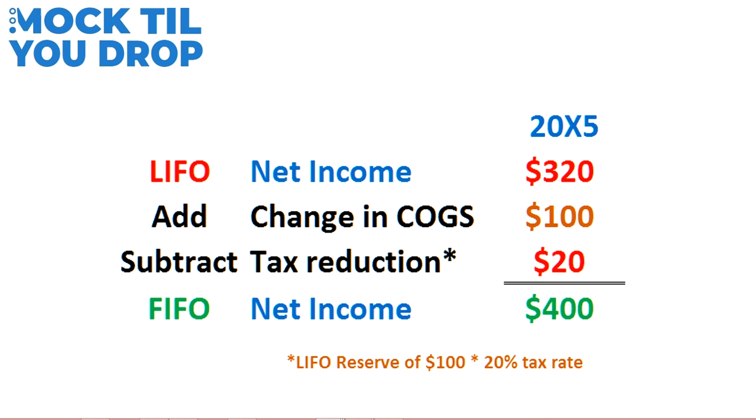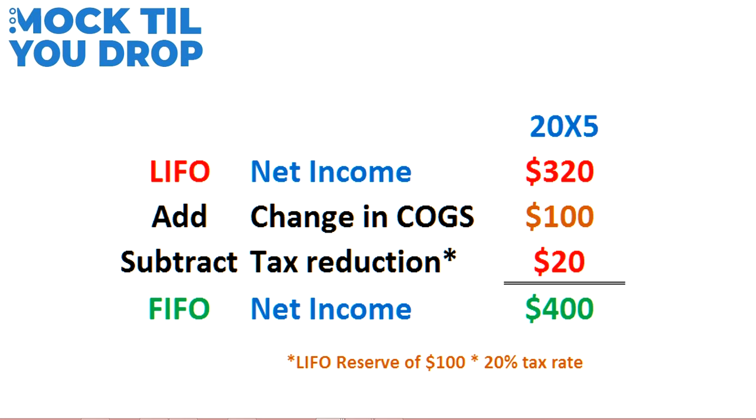If you remember from the previous slides, we presented the gross profit and taxes paid. Now, assuming a simple calculation, the net income for both LIFO and FIFO for year 5 is $320 and $400 respectively, as shown here. So all we're doing is adding the change in cost of goods sold from the previous slide, since a higher cost of goods sold reduces the net income under LIFO, so we need to add that back.